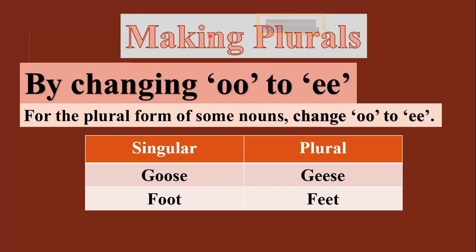Clear? How you have to do it? Any questions? No, you don't have to make any sentences with it. Just write the way it is written over here, exactly in the same way.